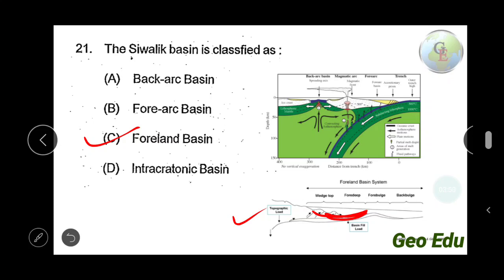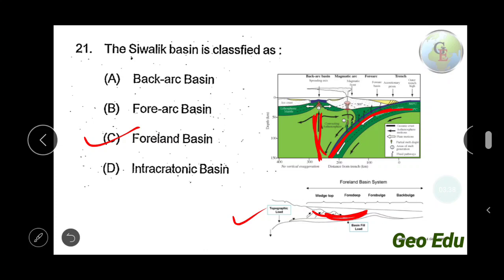And some information I want to give: a Back Basin forms where the angle of subduction of the downgoing slab is steep and the rate of subduction is greater than the rate of plate convergence. When this plate subducts, it reaches the upper part of the mantle, so it melts, and the magma comes up.